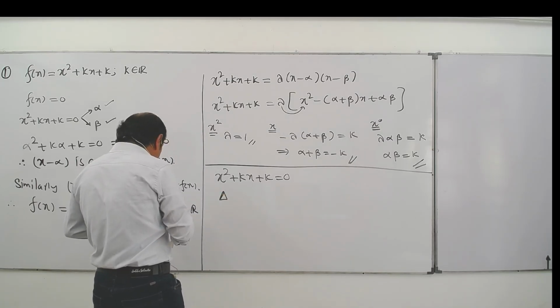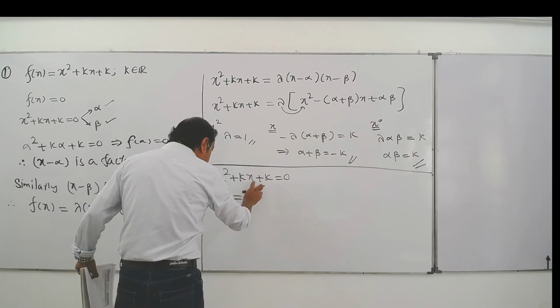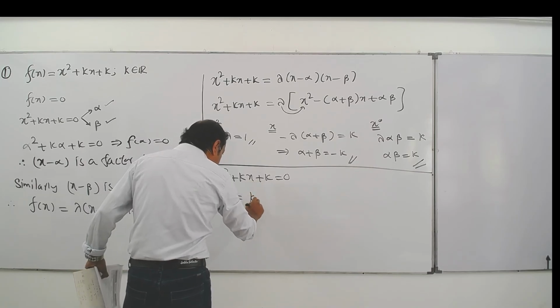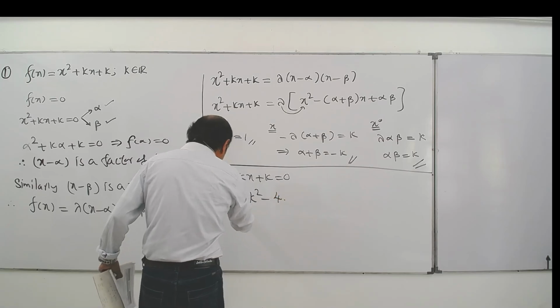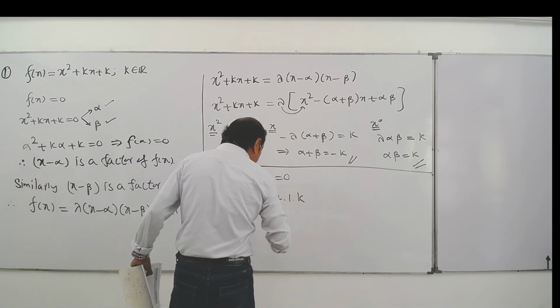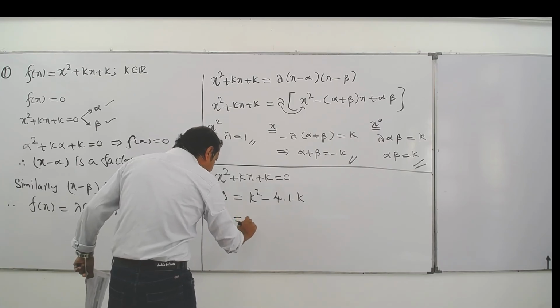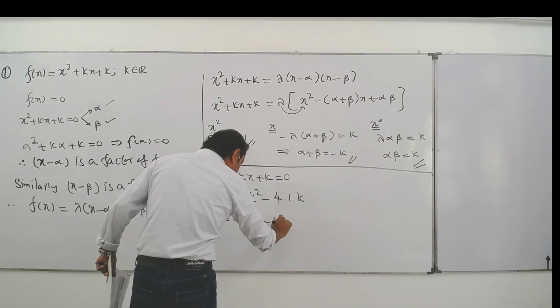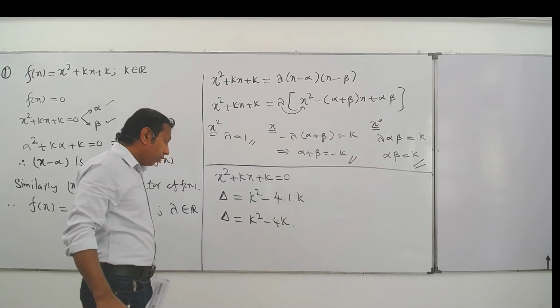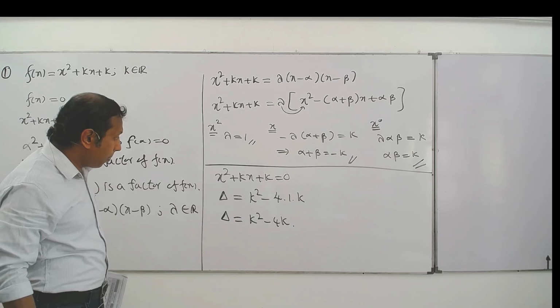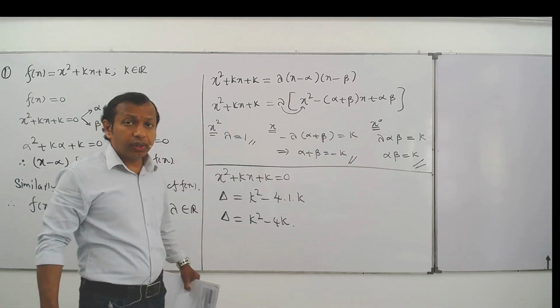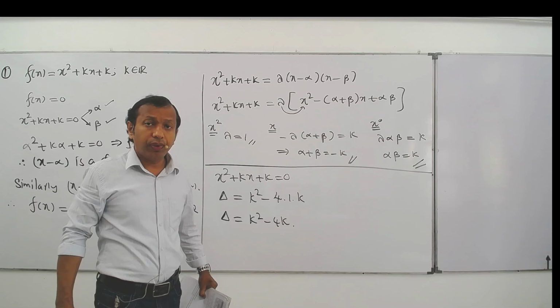Delta is b squared minus 4ac, where b is the coefficient of x, which is k. So delta is k squared minus 4k. You know, when the roots are real, delta is greater than or equal to 0.